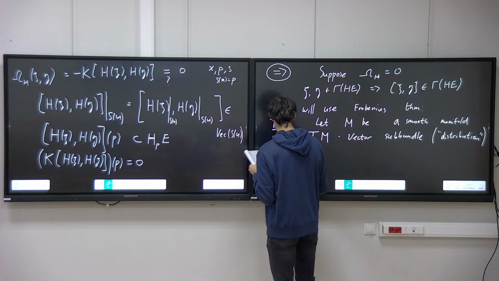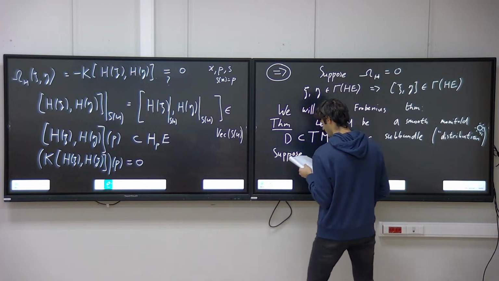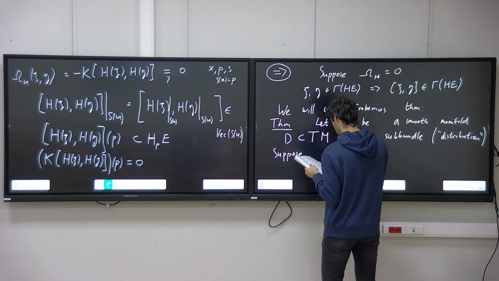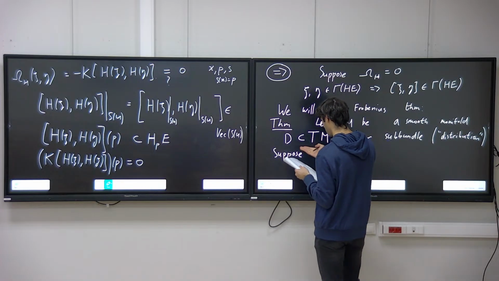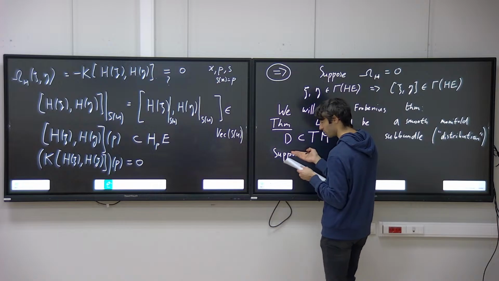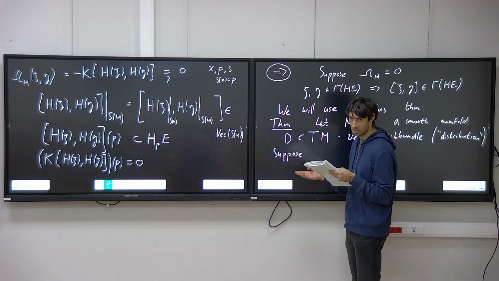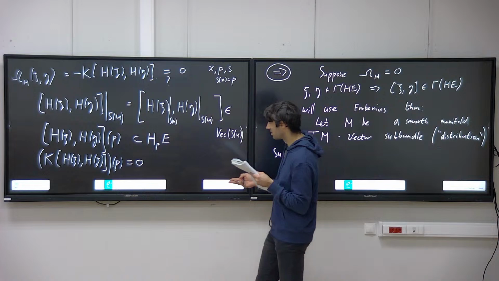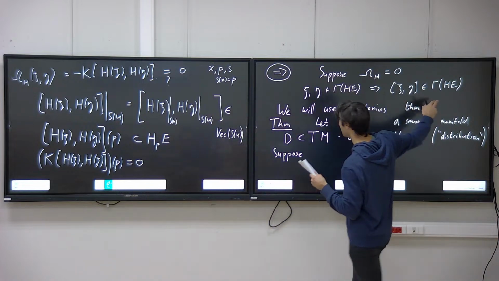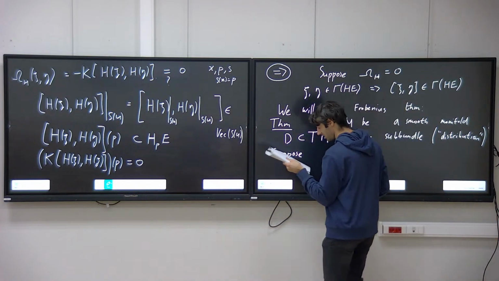Suppose what we say is that D is a Lie algebra, right? It's closed under commutator. That's the thing that we have actually here, right?